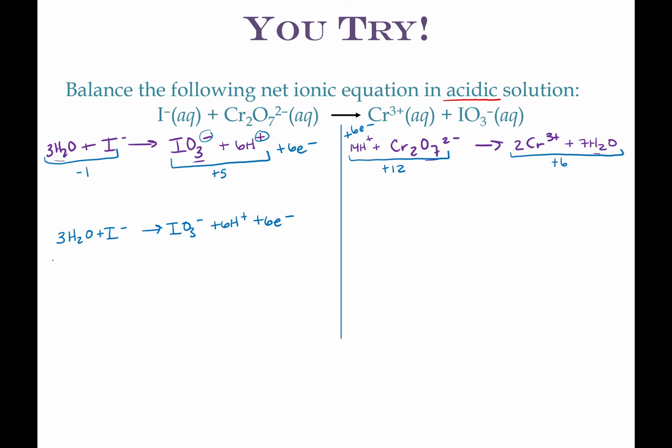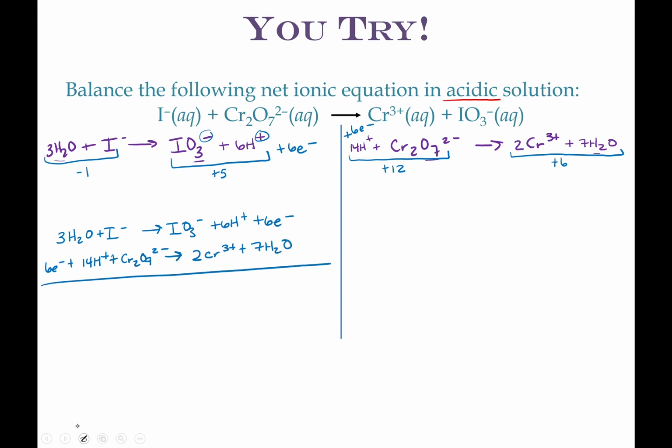Now my other half reaction, we say 6 electrons plus 14 H plus Cr2O7 2 minus goes to 2 Cr3 plus 7 H2O.